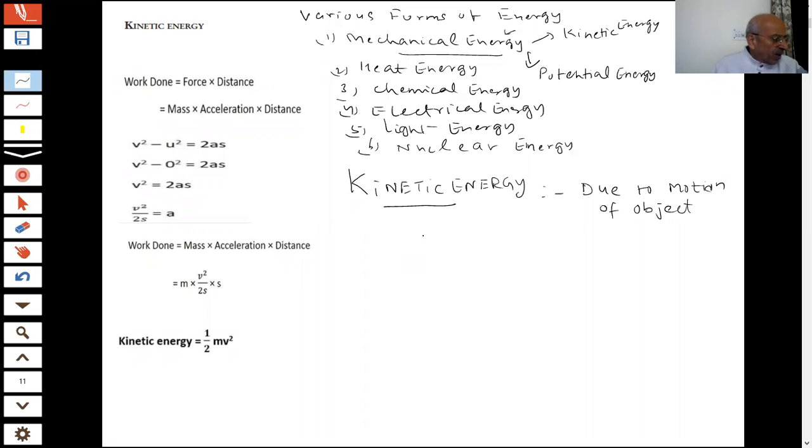Tell me yes or no. A car is moving, bicycle, motorbikes, you are moving, you are running. When an object starts moving, what do we say? Any moving object has kinetic energy.